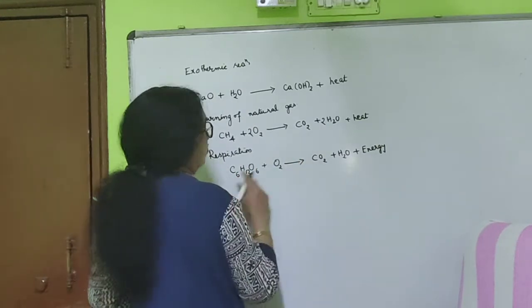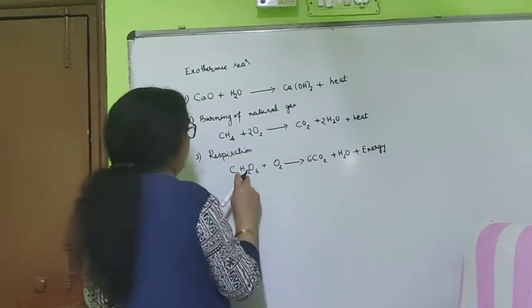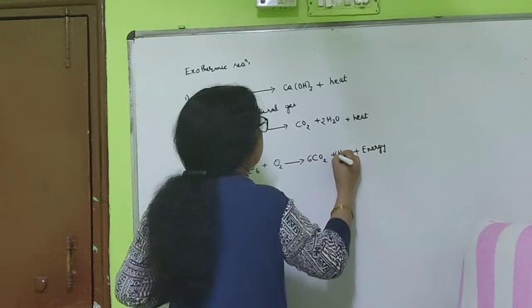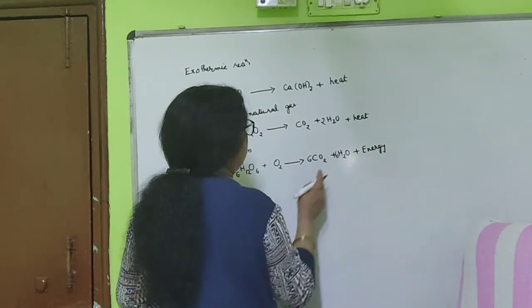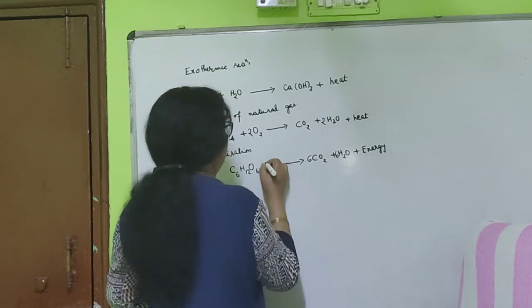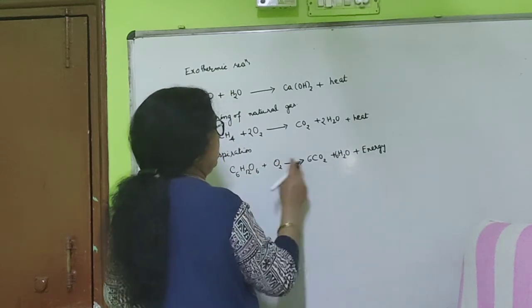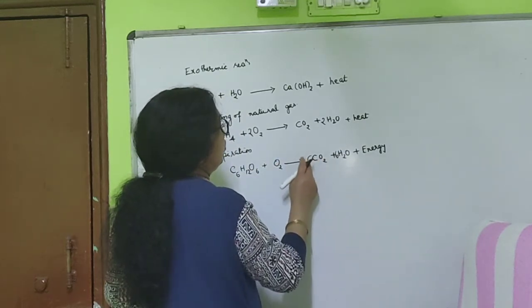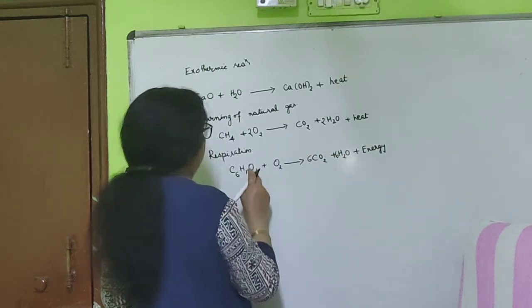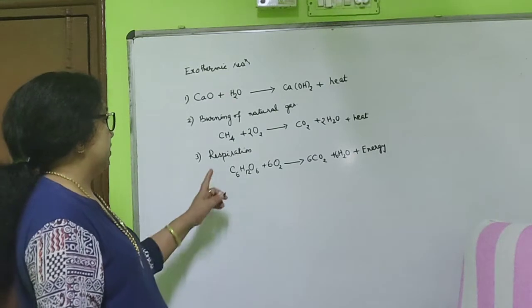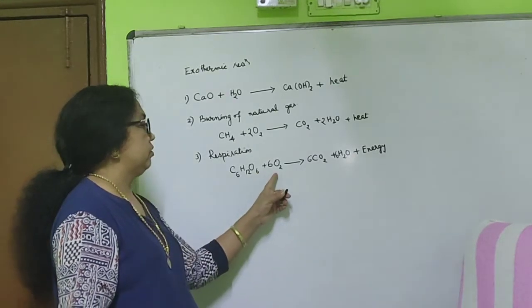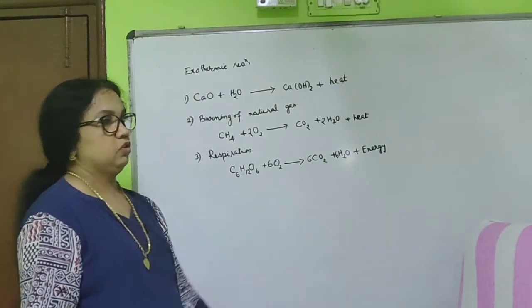So C6, 6 carbons are there, 6 CO2. 12 hydrogen, so 6 H2O. Now the oxygen: here 6, here 2 sixes are 12 plus 6 is 18, so total 6 O2. C6H12O6 plus 6 O2 gives 6 CO2 plus 6 H2O.